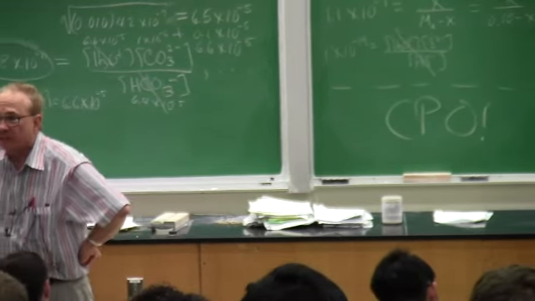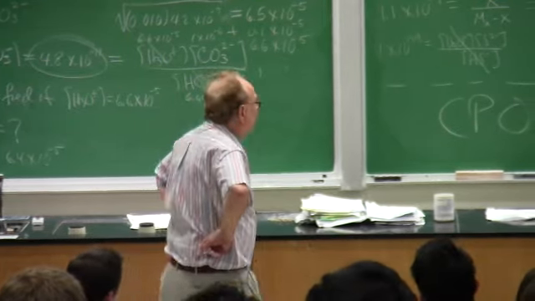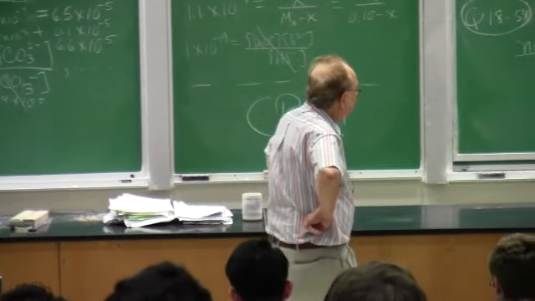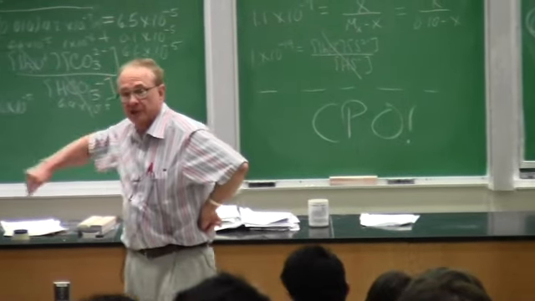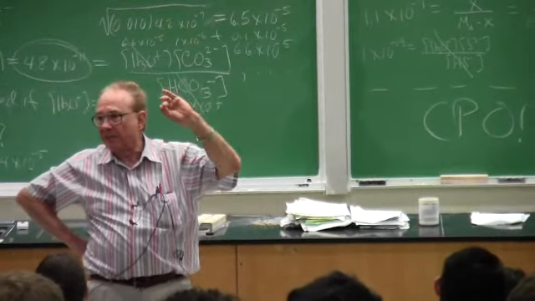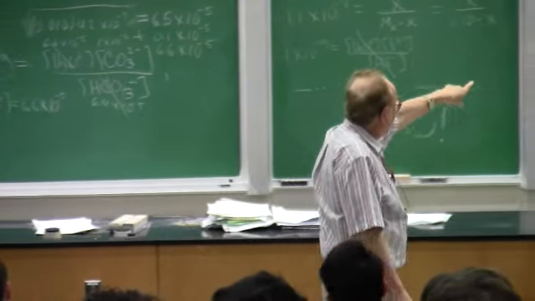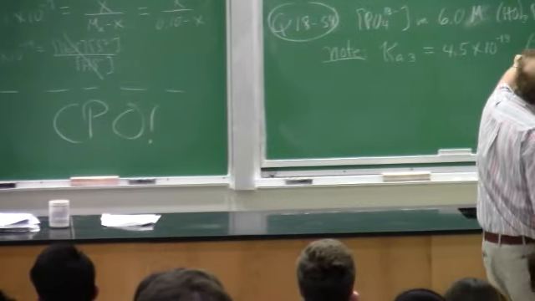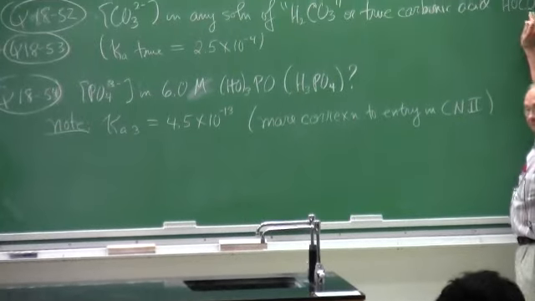True carbonic acid has been isolated and shows a Ka value of 2.5 times 10 to the minus 4, a whole lot bigger than 4.2 times 10 to the minus 7. 4.2 times 10 to the minus 7 is Ka for H2CO3, quote unquote, and 2.5 times 10 to the minus 4 is Ka for true carbonic acid.